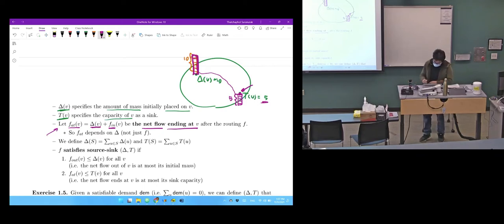After you route F, you ask how much mass remains at V.